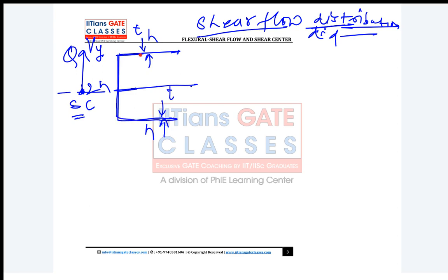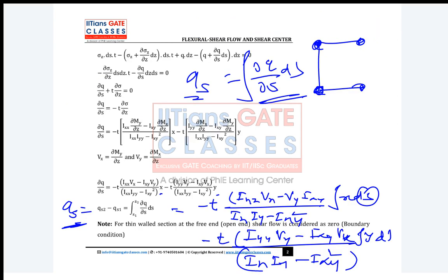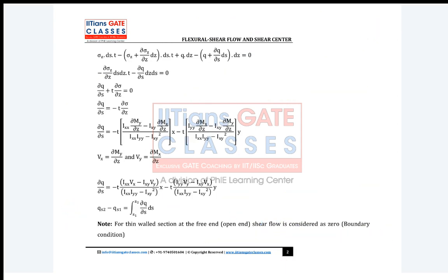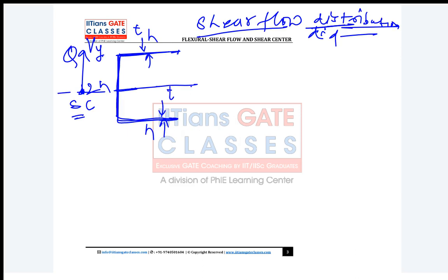You can see it is an open section. So for a thin wall section at the free end, for an open section, shear flow is considered to be 0. This is the boundary condition. At the open ends, here and here, your shear flow will be 0.